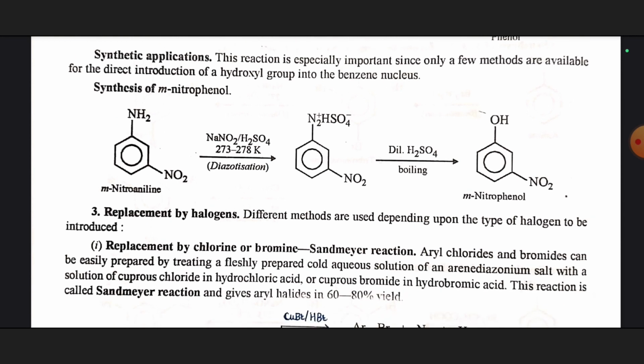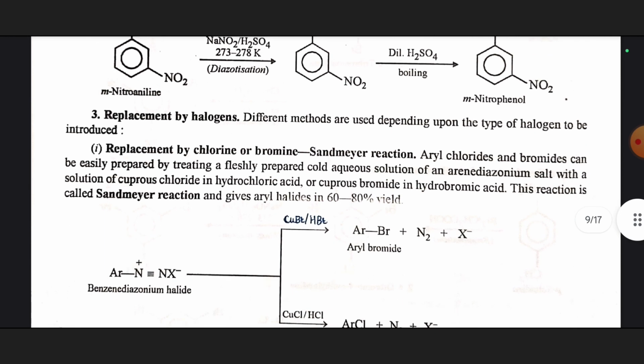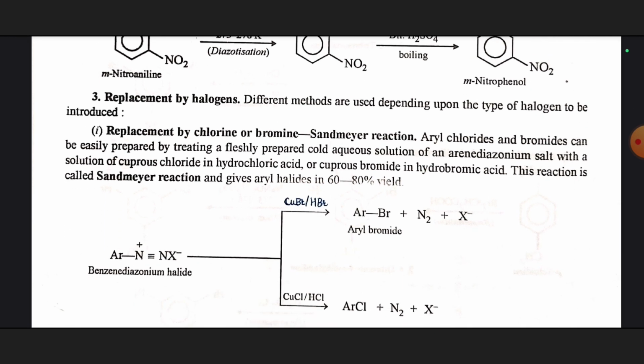Third, replacement by halogens. Different methods are used depending upon the type of halogen to be introduced. First is replacement by chlorine or bromine, that is Sandmeyer reaction. Aryl chlorides and bromides can be easily prepared by treating a freshly prepared cold aqueous solution of an arene diazonium salt with the solution of cuprous chloride in hydrochloric acid or cuprous bromide in hydrobromic acid.